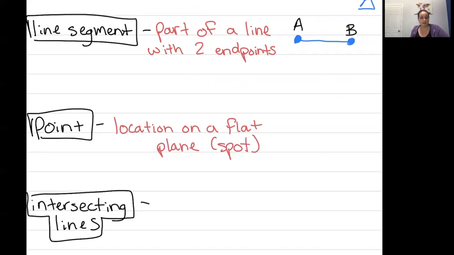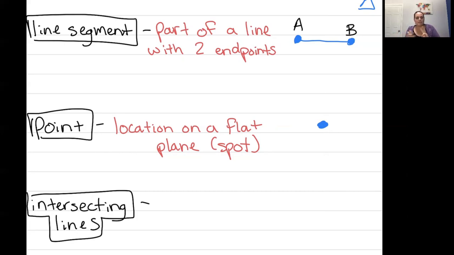Because if it wasn't on a flat surface or a flat plane, it wouldn't be a point anymore. If you take a circle and you make it 3D, I bet you know what it is. If you guessed a sphere, you are correct. Okay, so a point looks like, gee, I don't know if I can draw this one. Oh, there we go. Give me a nice big old point. It's a flat circle.